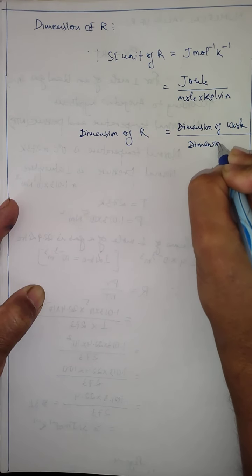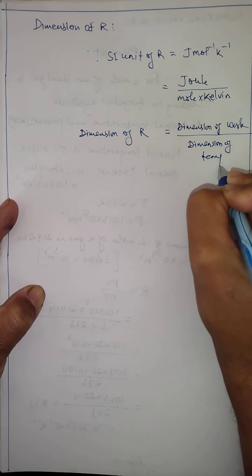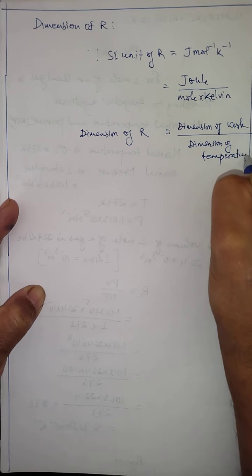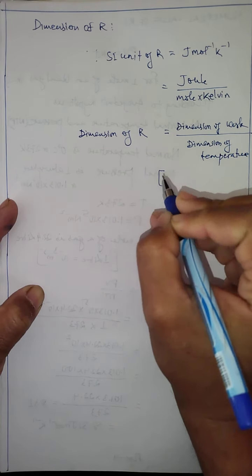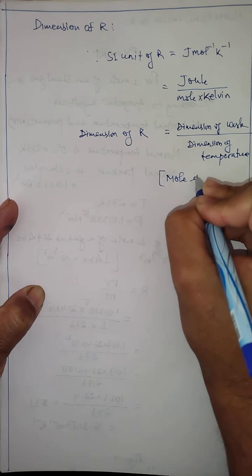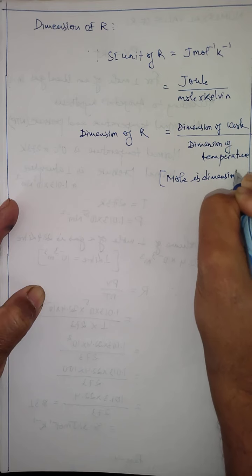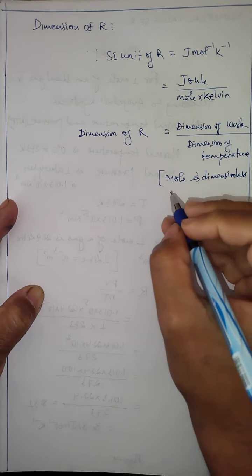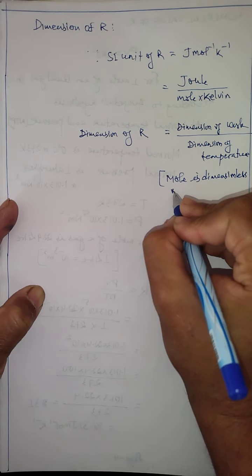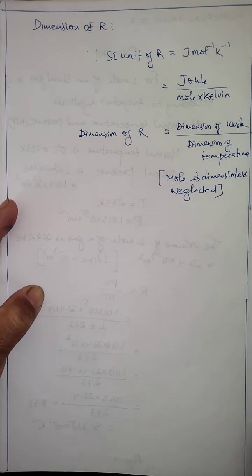Kelvin is the SI unit of temperature, so temperature also has a dimension. But children, let me write in brackets that mole is a dimensionless quantity, which is neglected. We can simply neglect this quantity when we write the dimension.